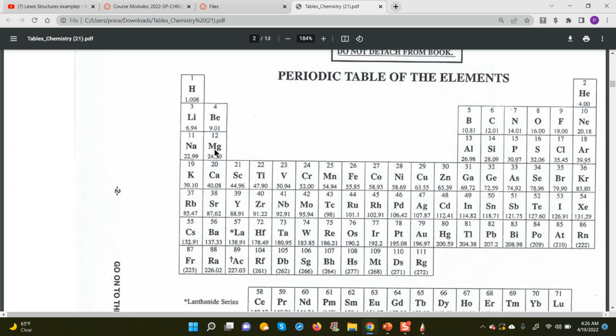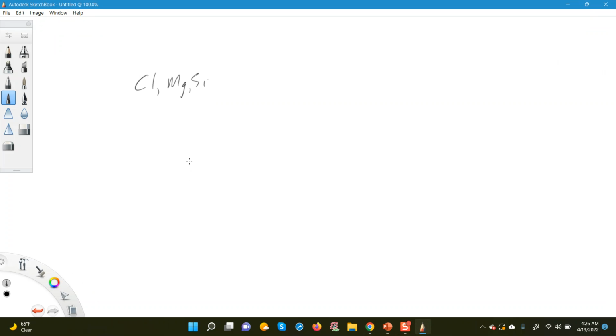So magnesium would be the first element in the series, the least electronegative element. Going across, the next is silicon, and then the next is chlorine. So the answer for this series would be magnesium, the least electronegative element, followed by silicon, and then followed by chlorine. So that's basically the answer for A.